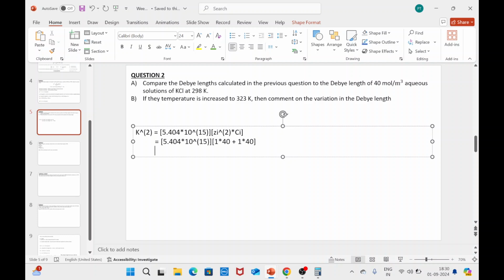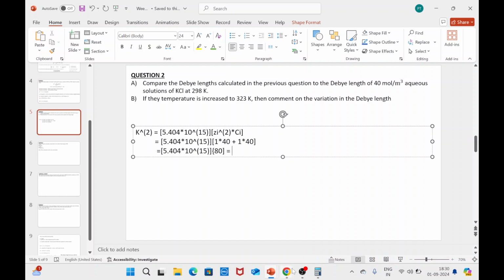So it will be 5.404 times 10 to the power 15 times 80, 40 plus 40.